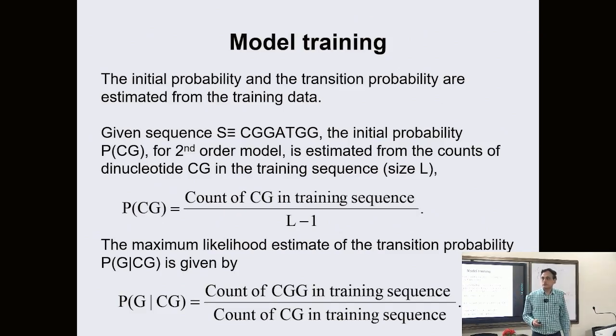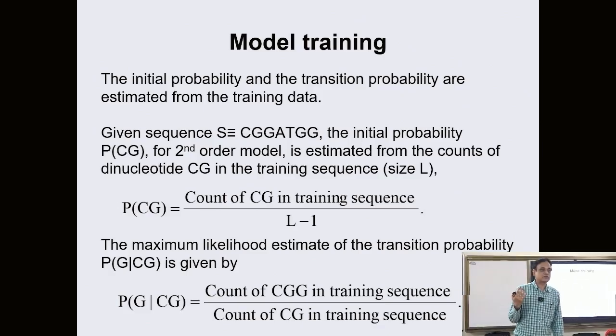This is important, because the question is whether a given sequence is a gene or not. You want to compute the probability of that sequence being a gene, considering all possibilities: the probability of it being a gene in frame 1, then in frame 2, then in frame 3. So 3 probabilities you are going to compute.